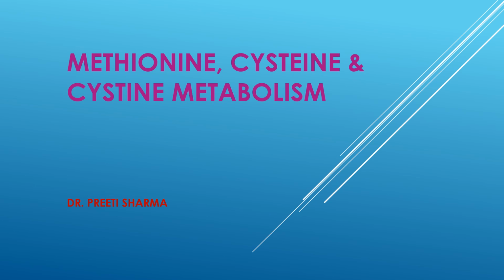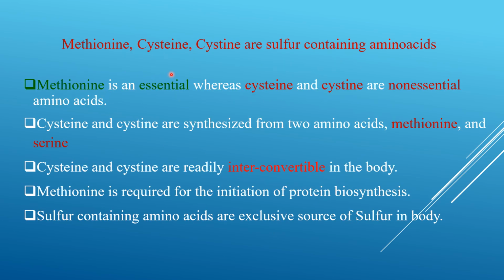So today we will discuss the metabolism of methionine, cysteine and cystine. These three are sulfur-containing amino acids. Methionine is essential, whereas cysteine and cystine are non-essential amino acids.